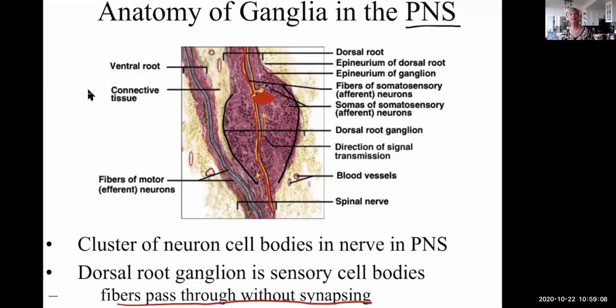Instead, they synapse in the spinal cord or the medulla. Let's see. Synapse occurs in the spinal cord with the second order sensory neuron.